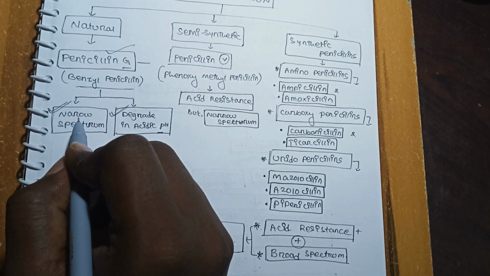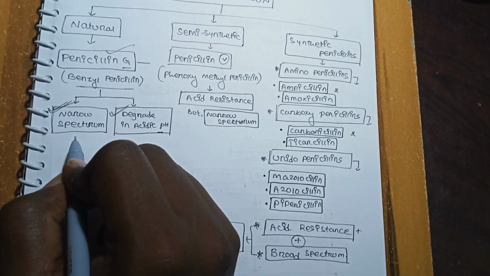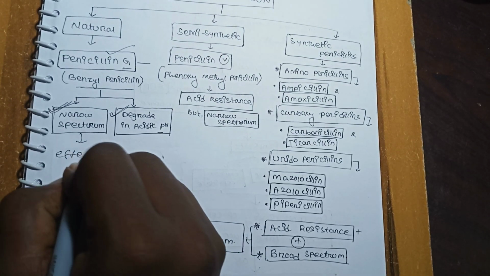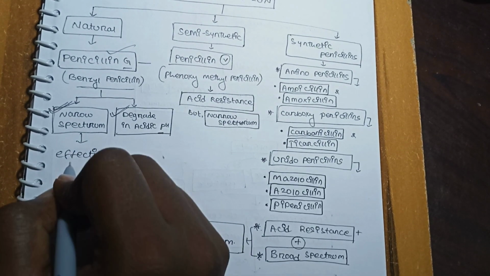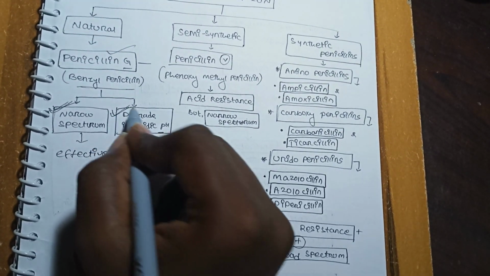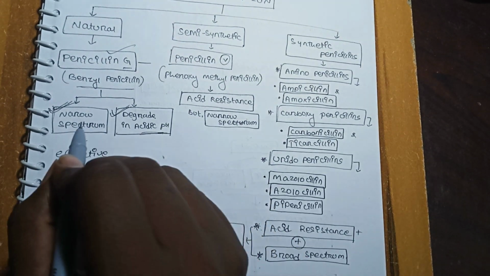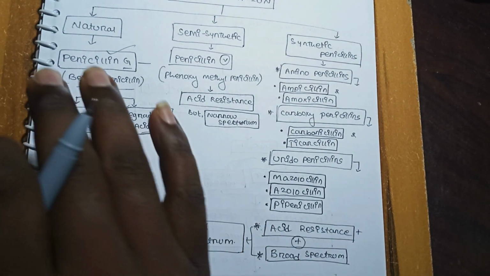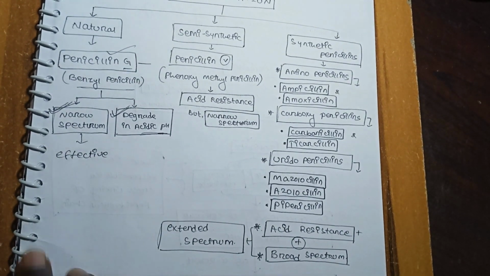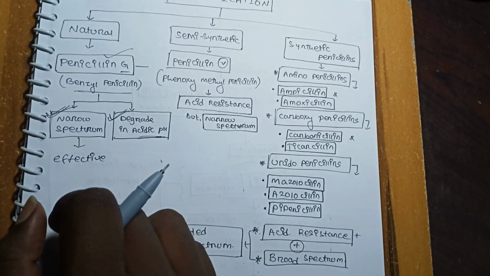These penicillins have a narrow spectrum of activity, meaning they are effective against only one type of bacterium, and they are also degraded in acidic pH. So natural penicillin has two demerits: one is narrow spectrum and another is degradation in acidic pH.